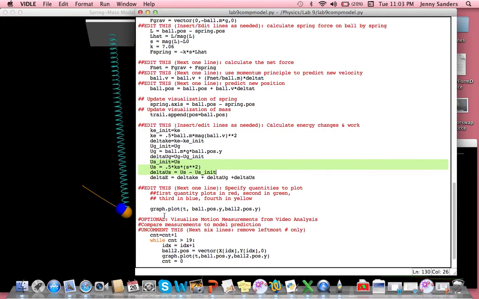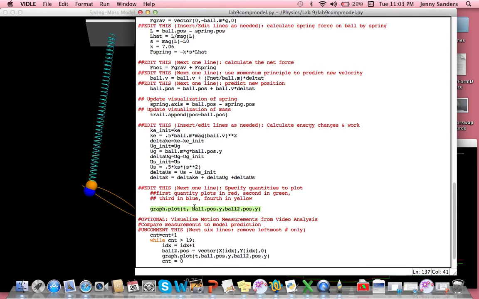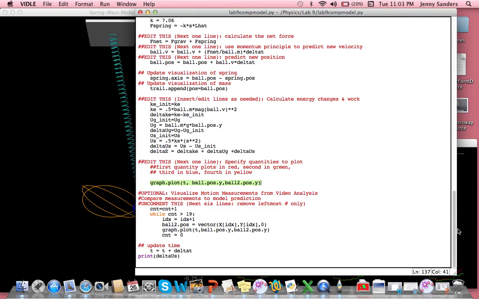So you can see that I plotted this with T, and then where you're going to have the ball of the computational model, and then versus the ball showing from Tracker information. So you can see it's running right now, and then I'm going to have printed the change in the spring potential energy right here.